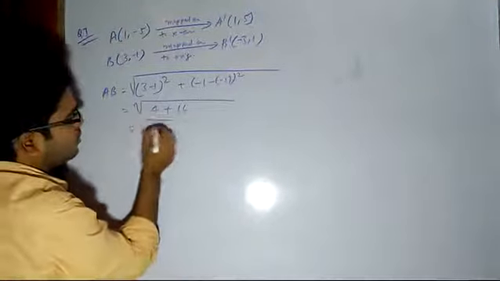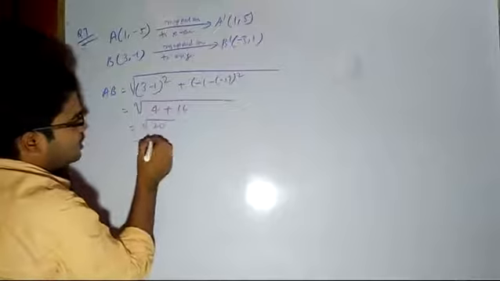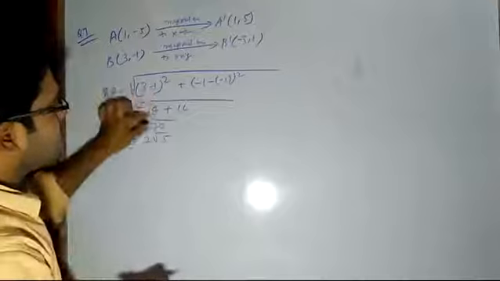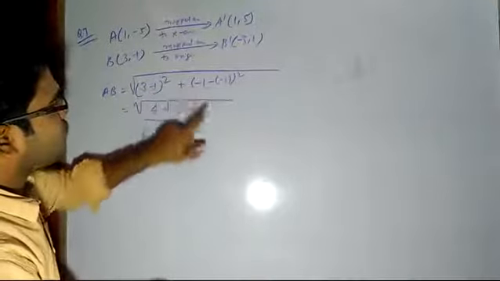So it is root under 20, or you say 2 root 5. This is what we will get.